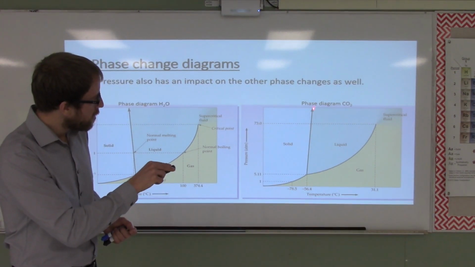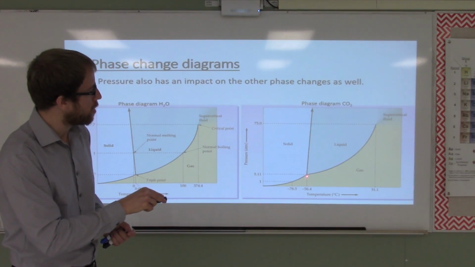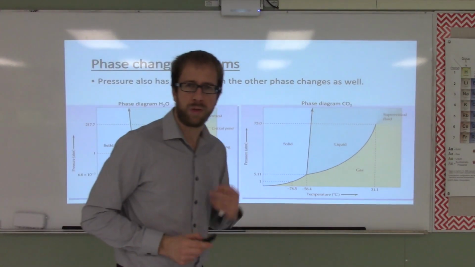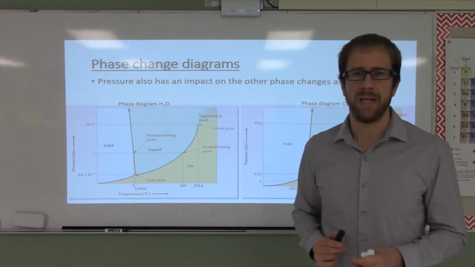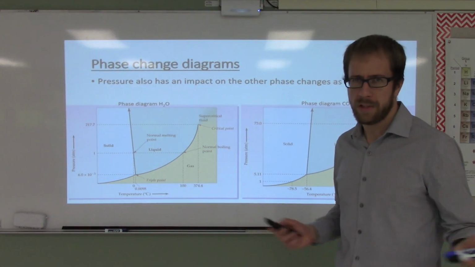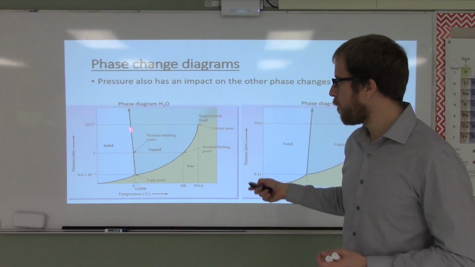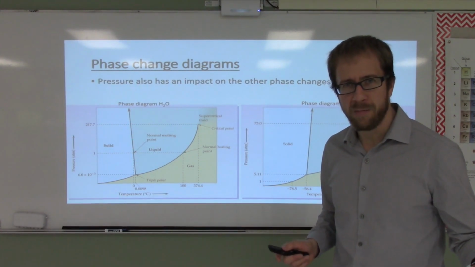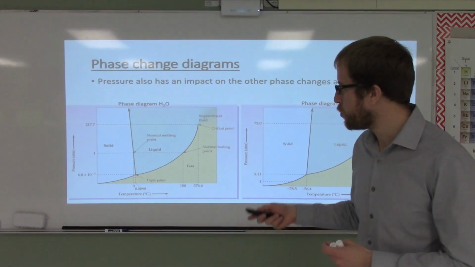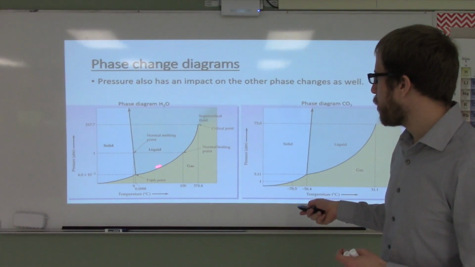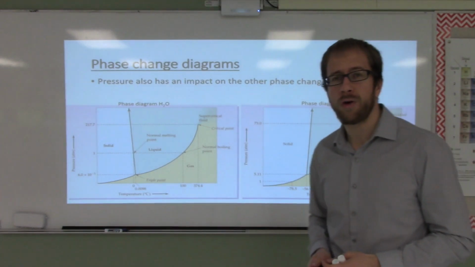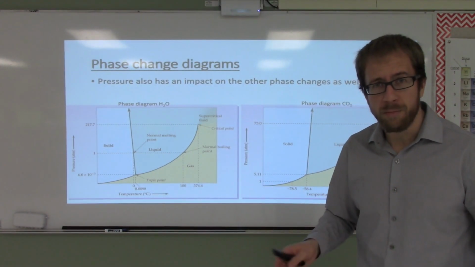What do you think these black lines here represent? Think about it. Well, if it's between liquid and solid, that is your melting point, freezing point, right? That is that phase change. If it's between liquid and gas, well, that's your boiling point, condensing point.